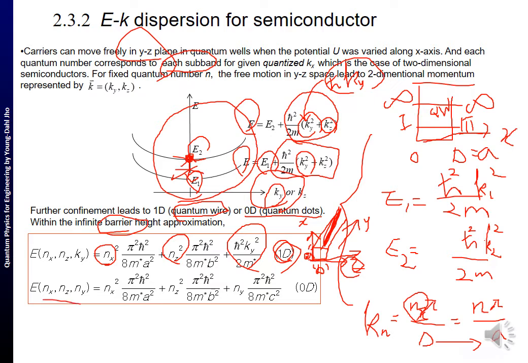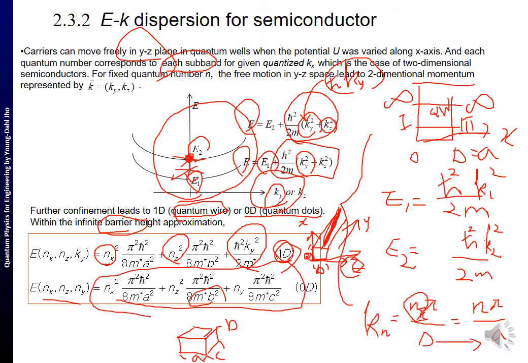And the quantum dot case. So this is the case when carriers have zero-dimensional confinement. X-axis, now z-axis, then y-axis. So carriers are confined in a box, then the energy should be defined this way.